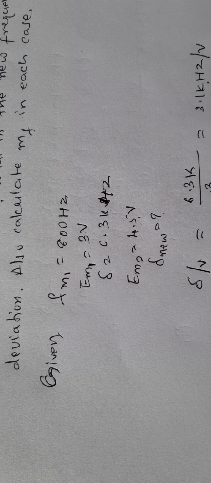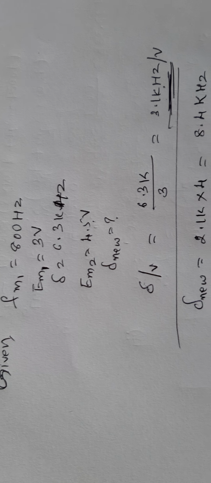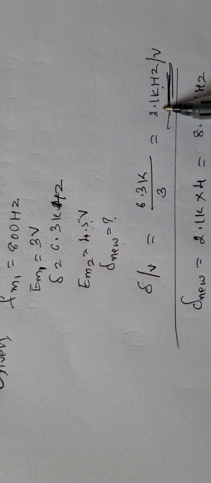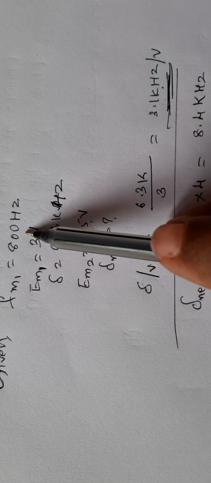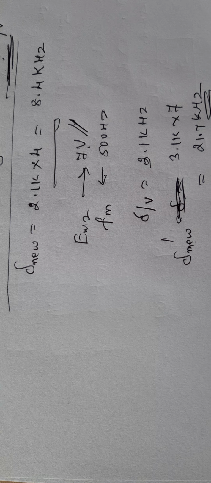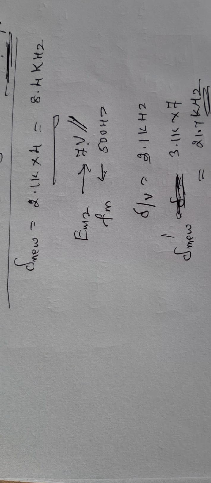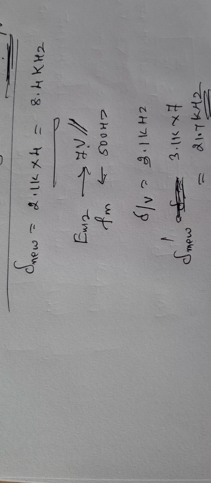For the first case, the deviation is 3.1 kilohertz per unit volt. And for that, FM is 800 Hz. Therefore, MF is equal to 3.1 kilohertz divided by FM, 800.